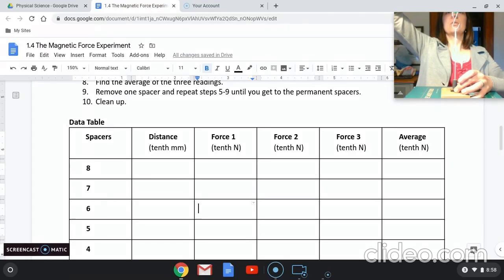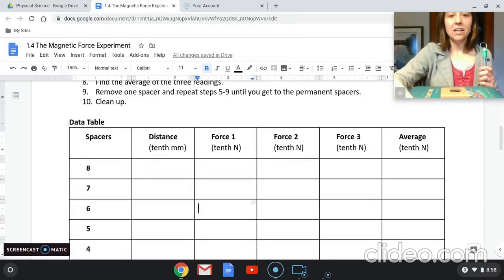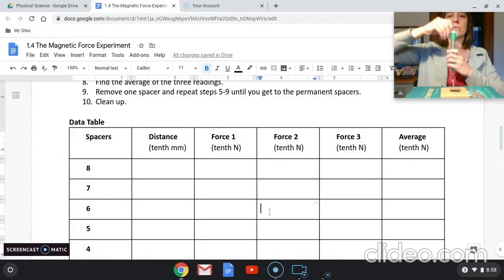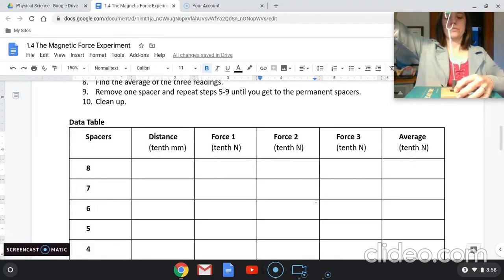So we've got 0.3, 0.4, 0.5, 0.6, 0.7, 0.8, 0.9. Ooh, that was 0.9. 0.9 newtons. And force 2, we have 0.3, 0.4, 0.5, 0.7, 0.9.